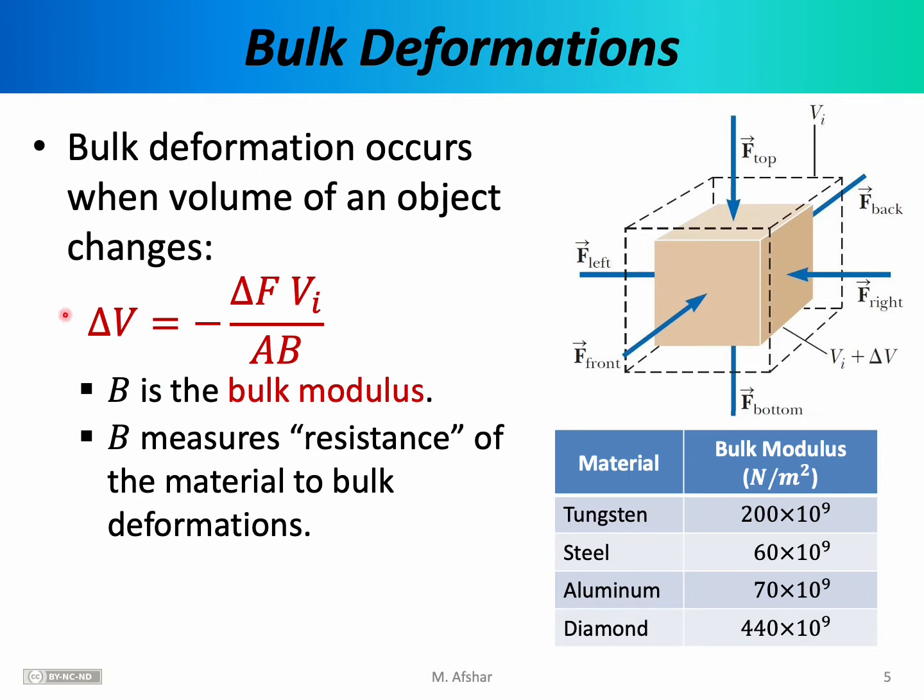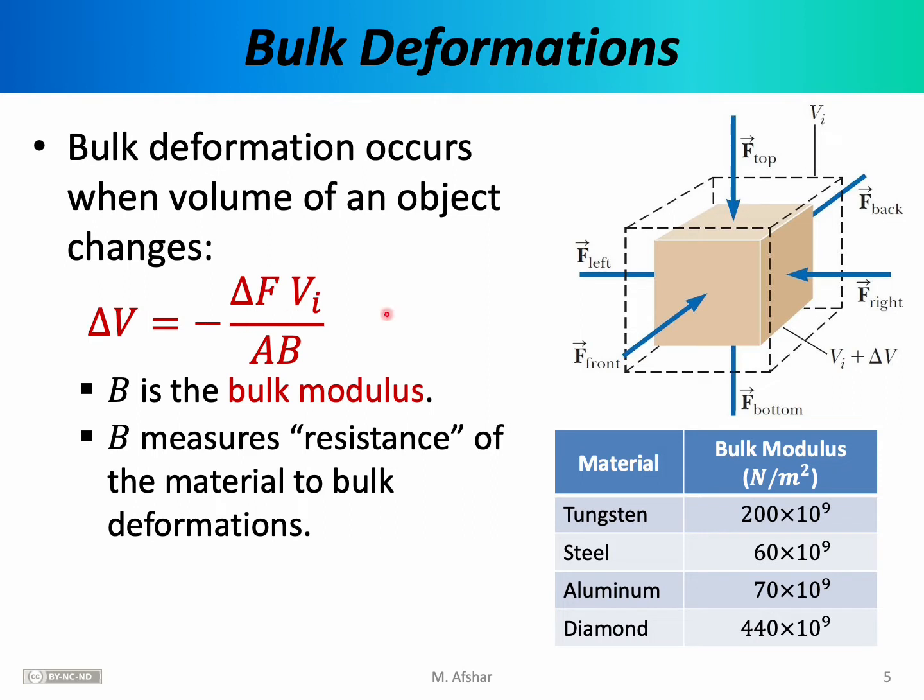Remember that delta V is essentially V final minus V initial, so when delta V is a negative number, that tells us that the volume is decreasing, which is exactly what we expect to happen as a result of this scenario here.